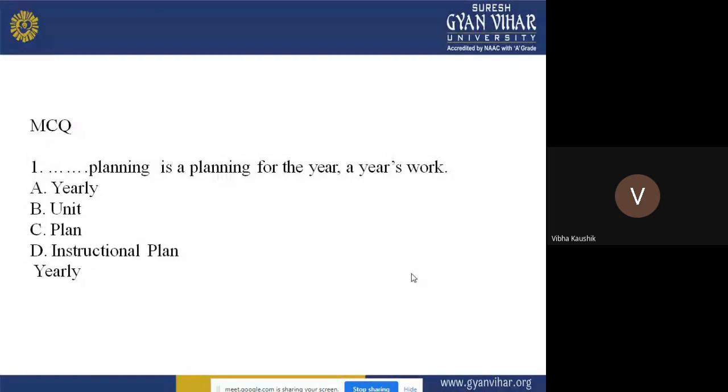What is a planning which has been done for the complete year? The options are A yearly, B unit, C plan, D instructional plan. Students, you have to select the correct one, and the correct one is option A, that is yearly.